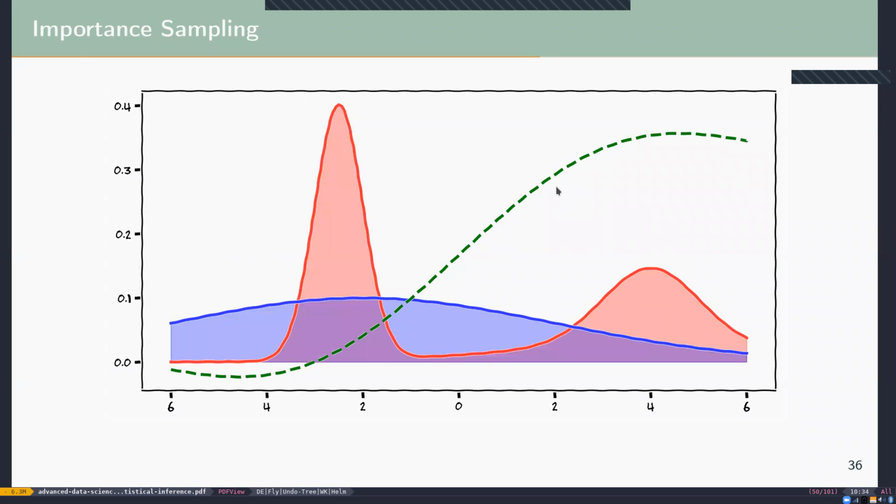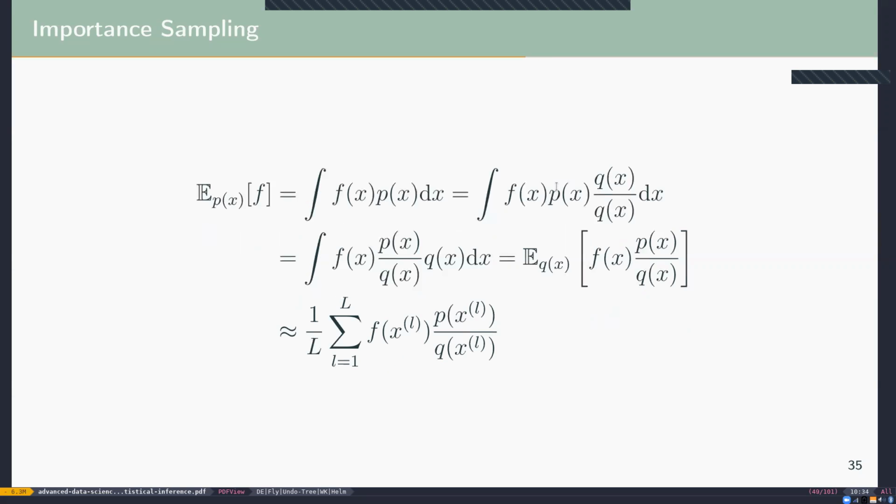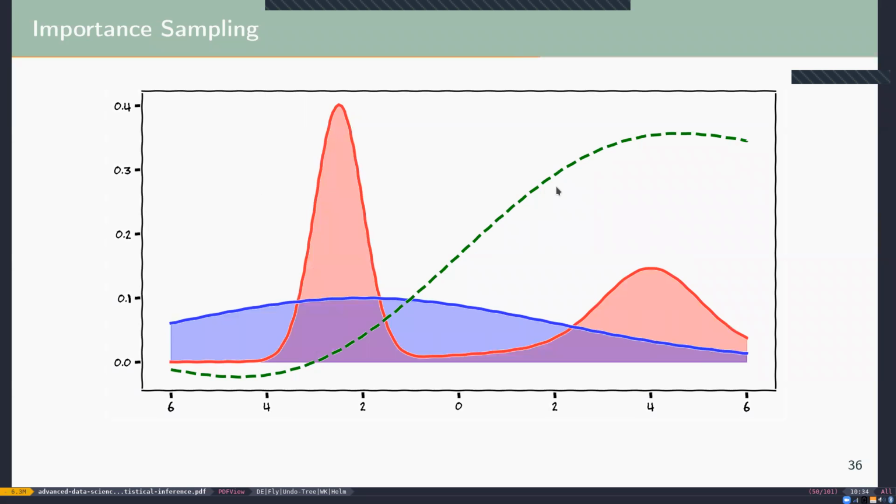So let's see the image of how that will work. Now I've lowered this one because now it is actually a distribution. And now you can think of the relevance factor I had here was P over Q. So now I draw samples from Q. In this region here, I'm not going to get very many samples from the blue one because the blue one has quite a low probability here.